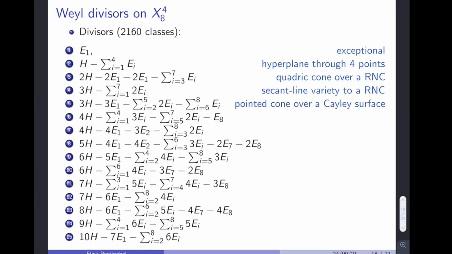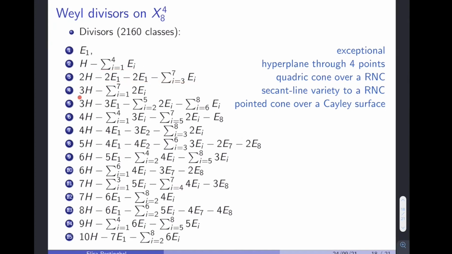And finally, divisors, and I guess this is not so interesting. We have 2,160 divisors. They fit in 15 different classes. And again, I have exceptional divisors, hyperplanes, quadric cones over the rational normal curve. And this time the vertex is a line, not a point anymore. So this is a threefold.